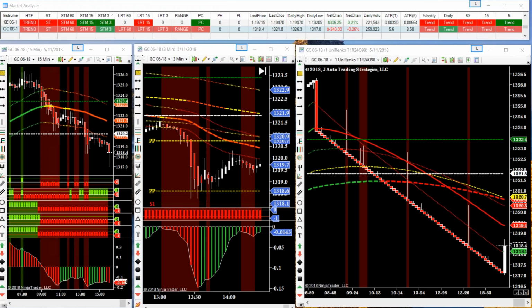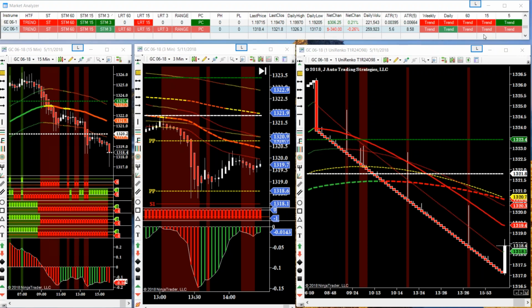I want to go over a couple of things regarding the templates that will help you navigate the markets, hopefully using these BloodHound tools. First is the market analyzer, of course, which gives us the overall snapshot of the market.